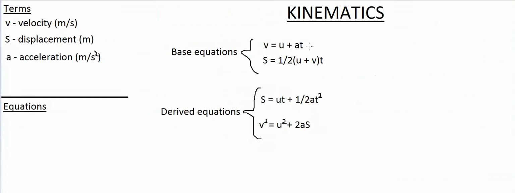So basically what you may notice is that all these equations are missing a certain quantity. There are five quantities: u, v, a, t, and s.